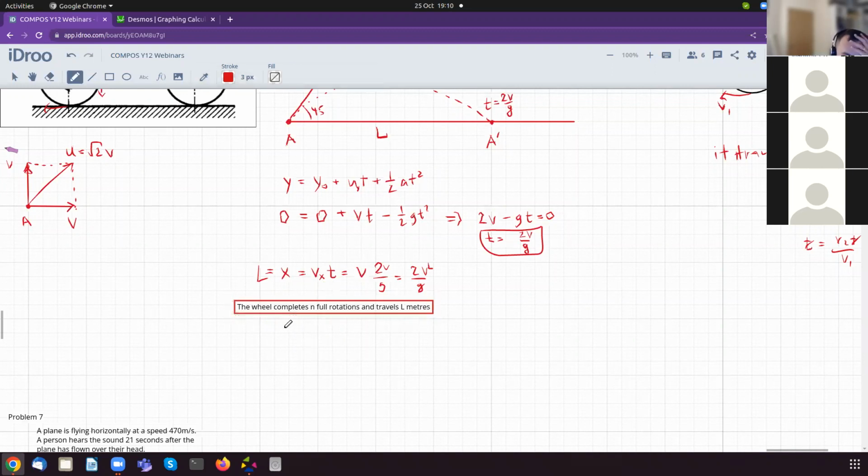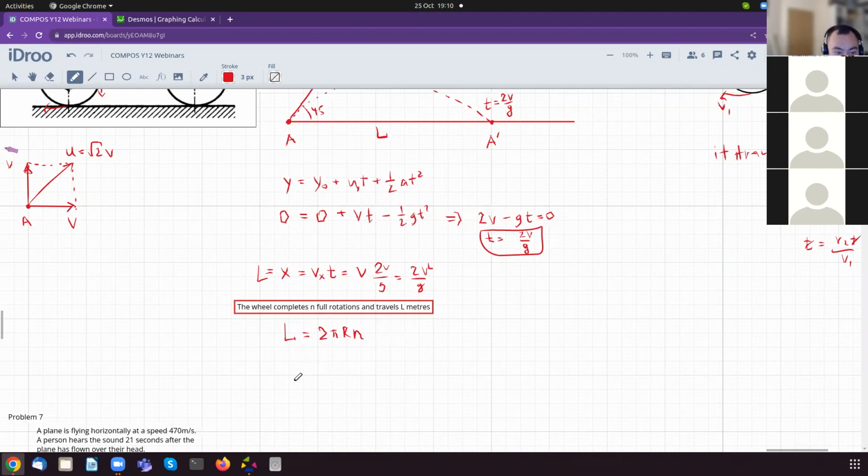All right, so L has to equal 2 pi r n, because n is the number of full rotations, and the circumference of the wheel is 2 pi r. So 2 pi r times n is the distance traveled by the wheel.